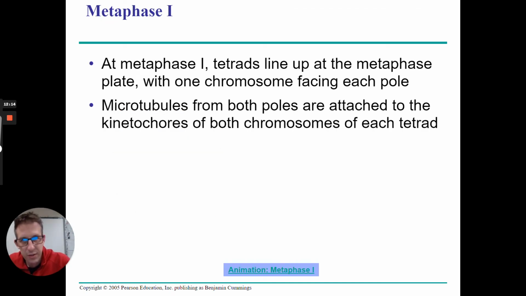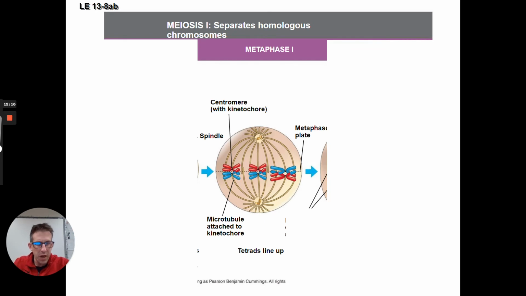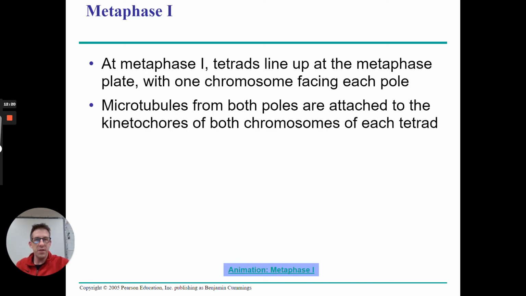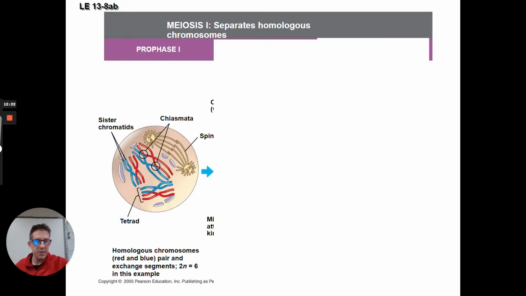And so ultimately what you see is a literal exchange of genetic material, okay? And so by this process of crossing over, we can increase the genetic diversity by recombining different types of genes, or different versions of genes called alleles, okay?